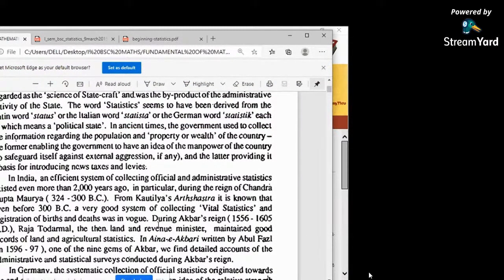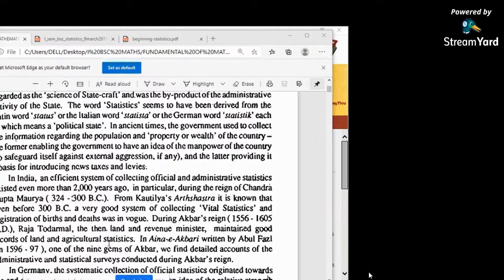So during Akbar's reign, 1556 AD, after the birth of Jesus, Raja Todarmal, the land revenue minister, maintained good records of land and agriculture statistics.